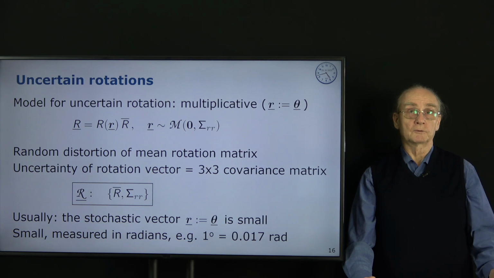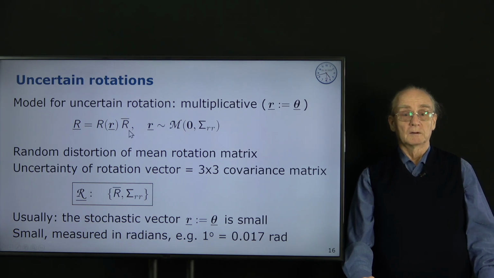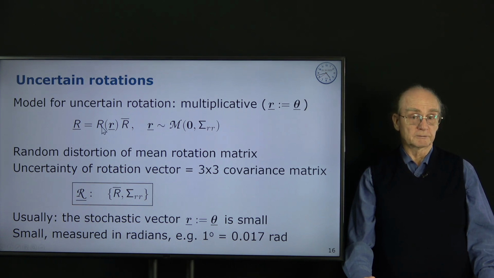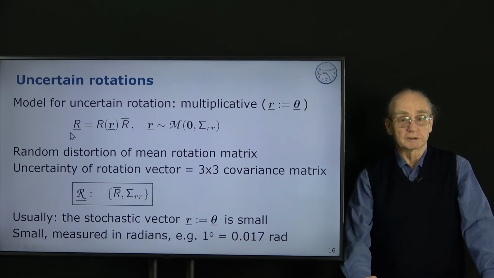So if you do simulations, you take the mean rotation, you generate a random vector r with some covariance matrix, 3 by 3, generate the corresponding rotation matrix, for instance, using Rodrigues' formula, multiply these two and get a sample of a random rotation.